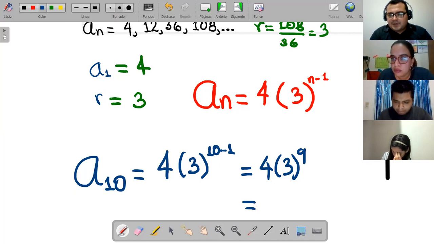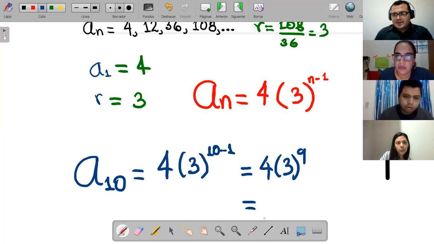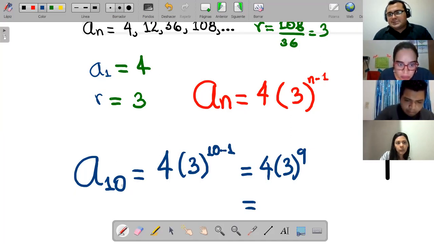If you have a scientific calculator, you can try this: 4 times 3 raised to the power of 9. What a huge number. And if you see, I'm in the 10th position, not too far away. I didn't ask you for the 100th. You're going to see another big number.